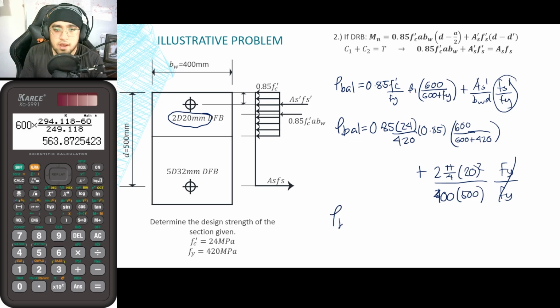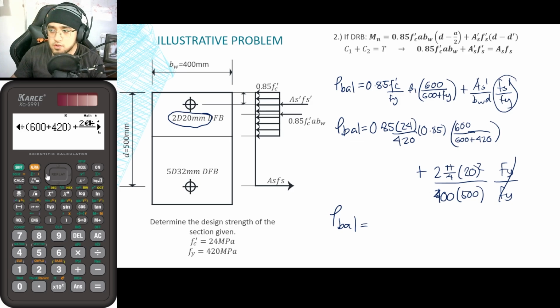So from that, our rho balanced, looking at the calculator to your left, is 0.85 times 24 divided by 420 times 0.85 times 600 divided by 600 plus 420, plus 2 times pi over 4 times 20 squared divided by 400 times 500.